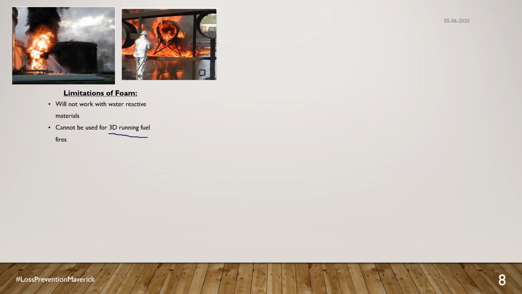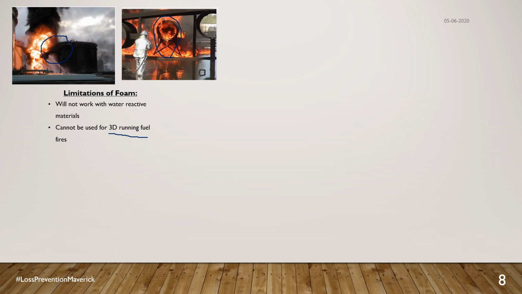If you see over here, I've taken this from the internet, a tank on fire and the tank wall has buckled because of some integrity issues, and then the fire seems to be falling down. For such running fuel fires, we cannot apply foam, and here as well. Why?